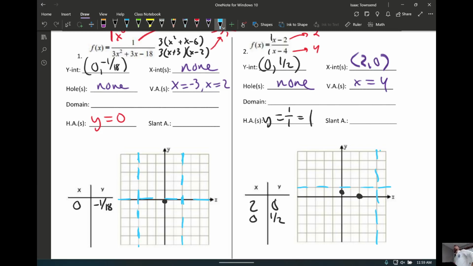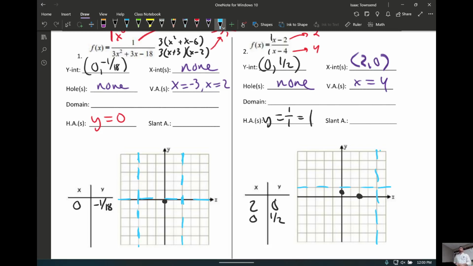Horizontal line, so horizontal asymptote. All asymptotes need to be graphed as dashed lines. So again, not much work, but if you don't know the definition, there's really very little you can do. You gotta know how those three things compare.